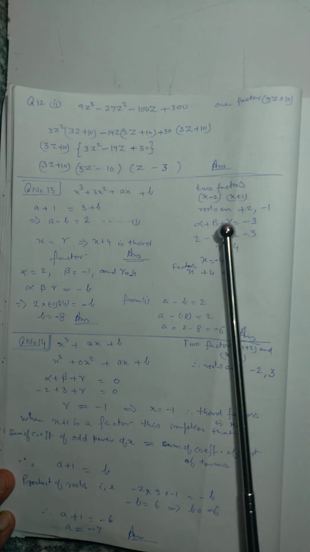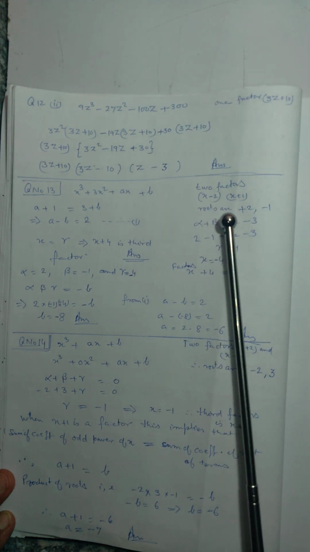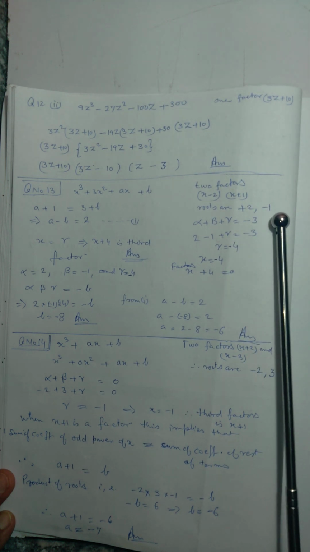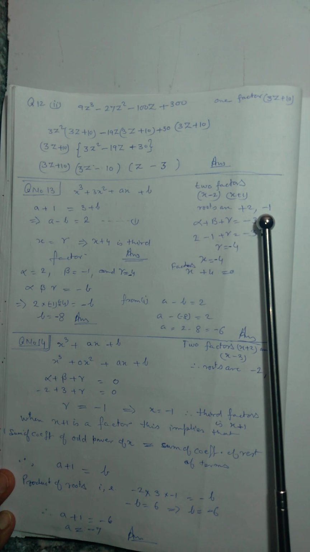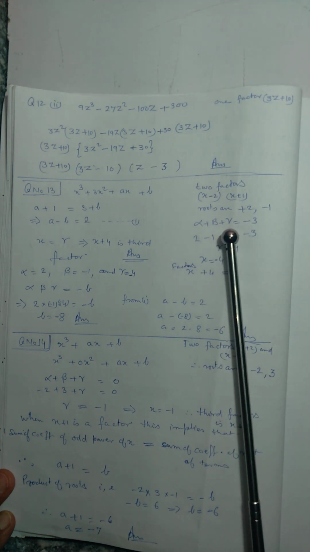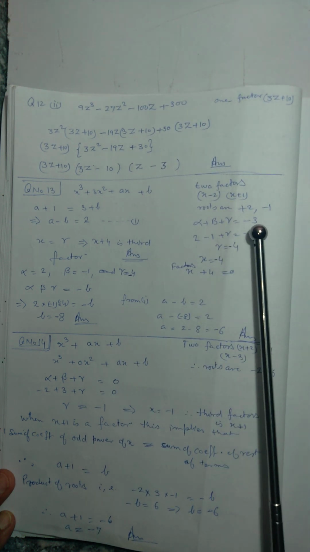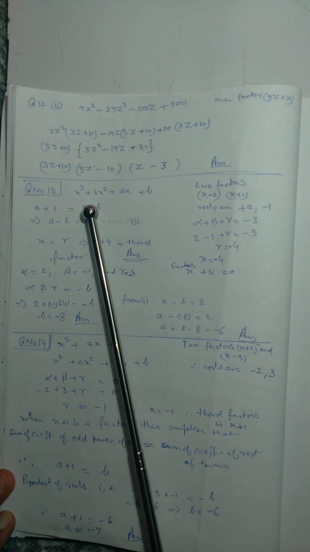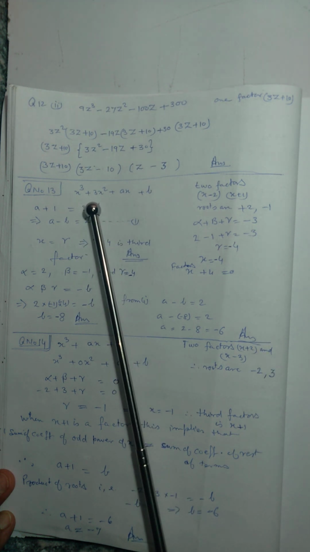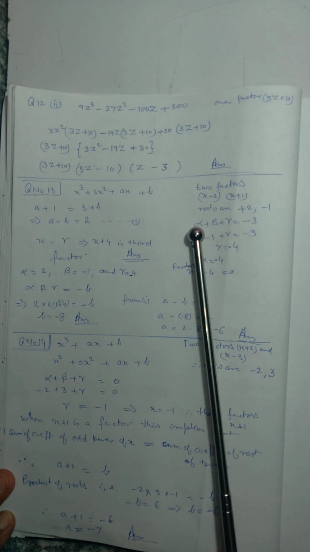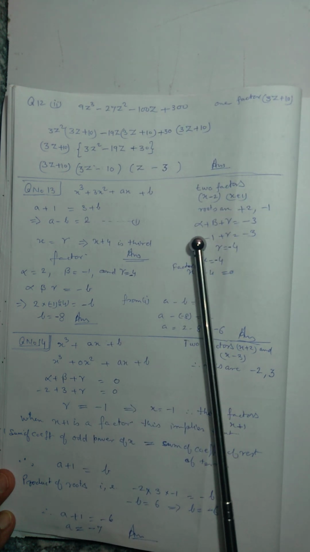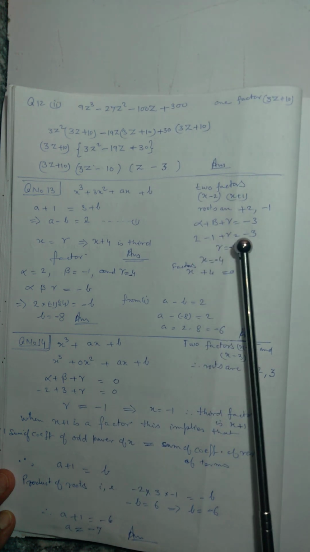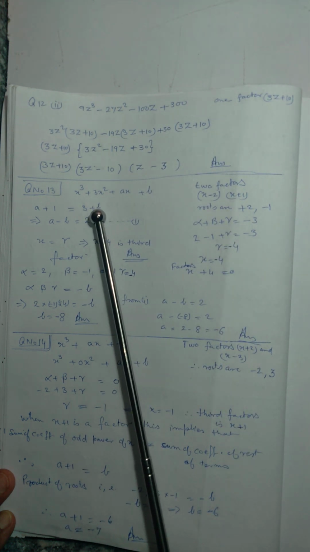Now I am telling you the roots. Roots are minus 2 and here plus 1. So you have got two roots now. Alpha plus beta plus gamma, the sum of the roots, should be equal to minus 3, you see here, minus b by a, which I have told you earlier. The sum of the zeros of the cubic polynomial should be equal to minus b by a.